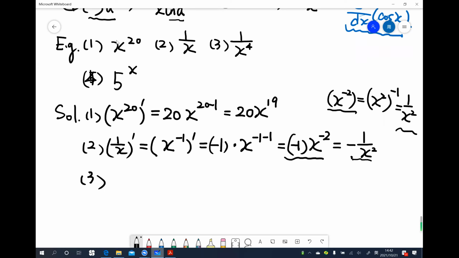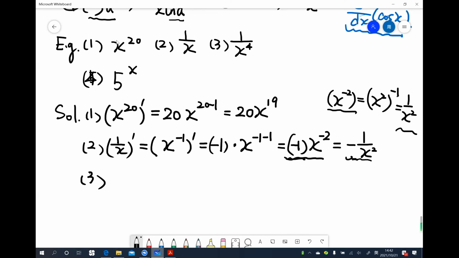Here that is minus, here is minus. So x minus 2. If the power is negative, we can take minus 1 outside and take it as 1 by x squared.